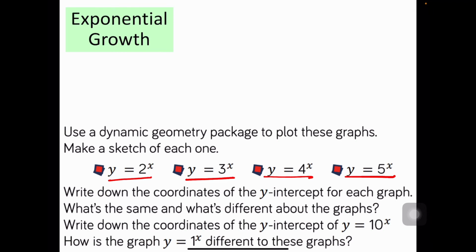So write down the coordinates of the y-intercept of each graph. What's the same, what is different? Write down the coordinates of the y-intercept of y equals 10 to the x, and how is the graph y equals 1 to the x different to these graphs. Give yourself around 5 minutes or so to answer these questions, and then when you're ready to see the answers, press play again on this video.